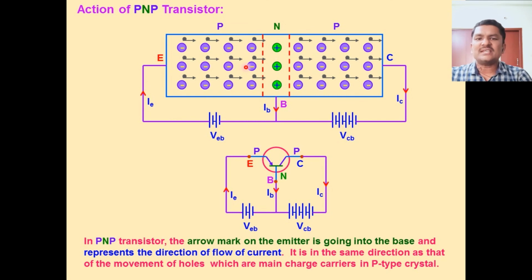Here the holes in the emitter are repelled by the positive terminal of the emitter base battery. The base is very thin, that means lightly doped. Therefore only a few, about 5% of the holes from the emitter, combine with the electrons in the N region.